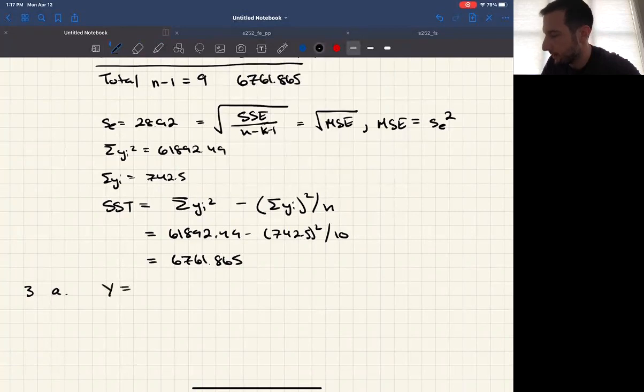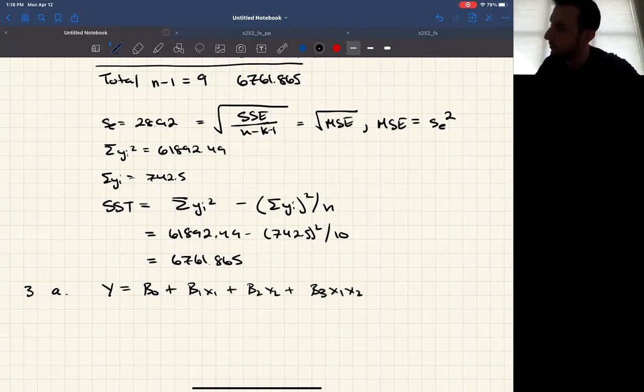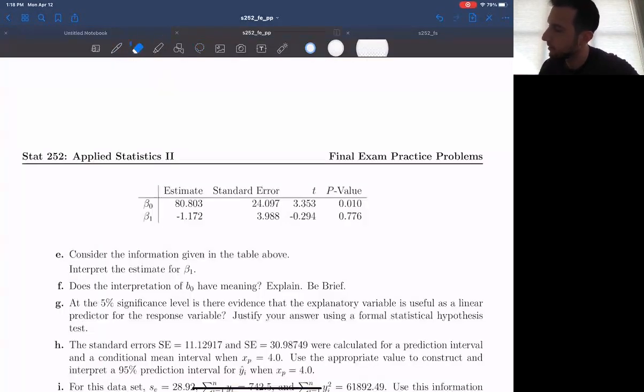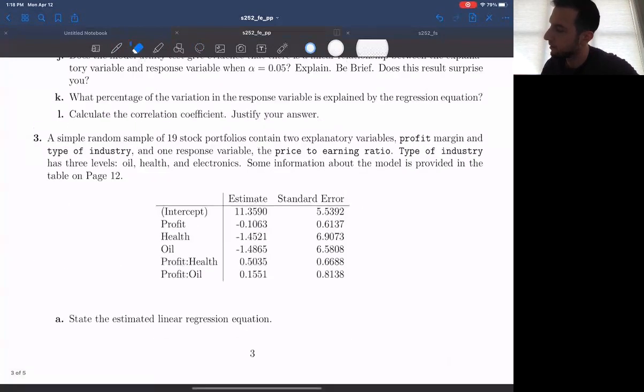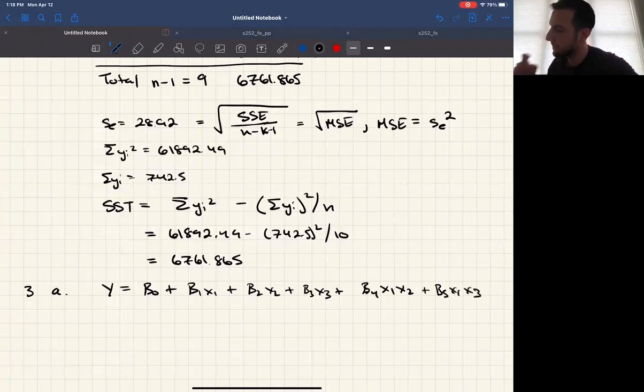So we have y is equal to beta 0 plus beta 1 x1 plus beta 2 x2 plus beta 3 x3 plus beta 4 x1 x2 plus beta 5 x1 x3.